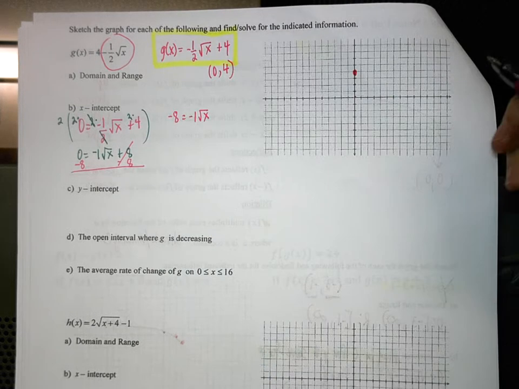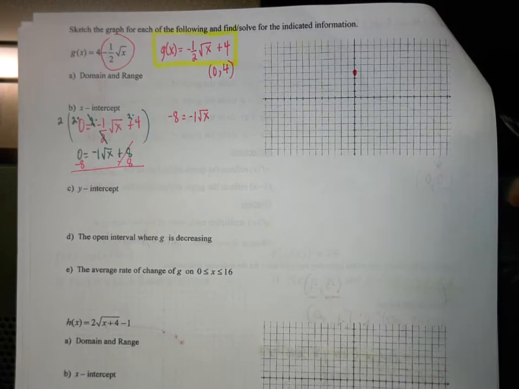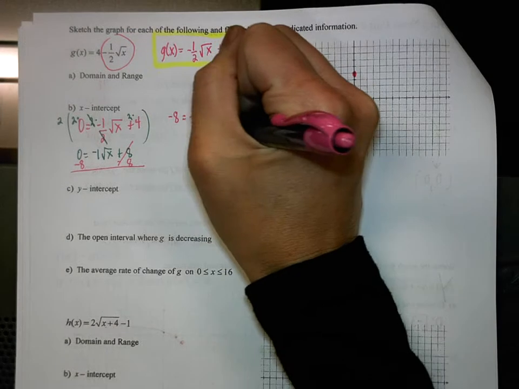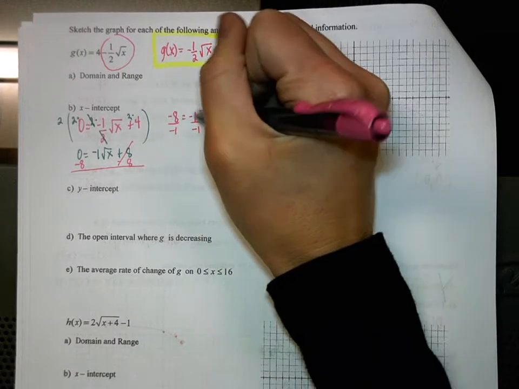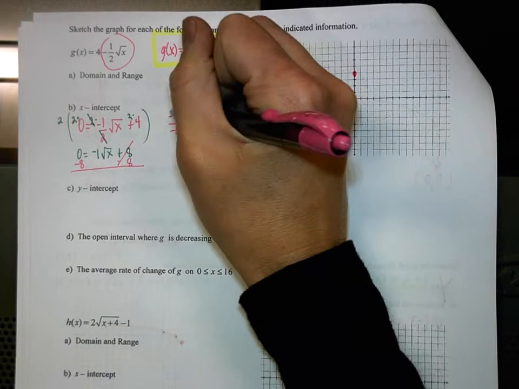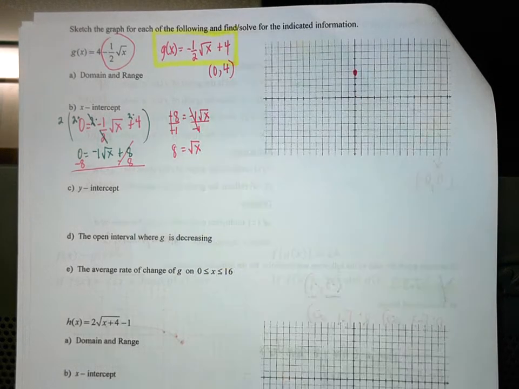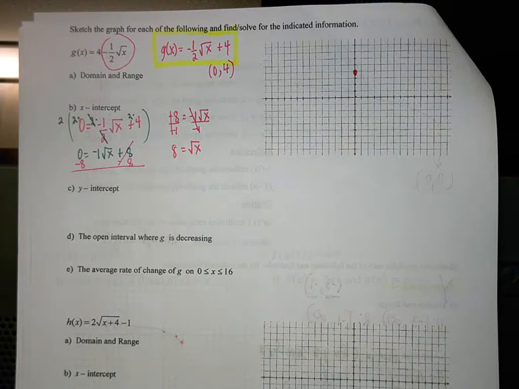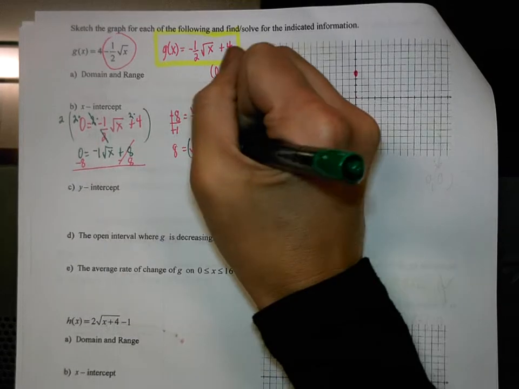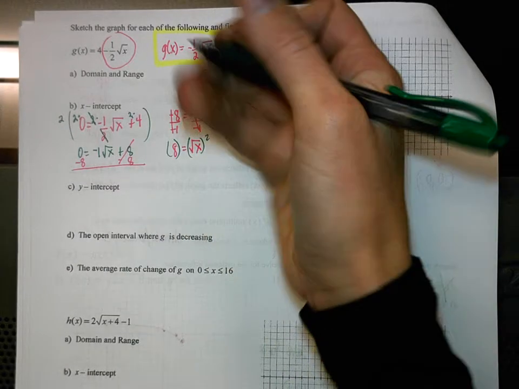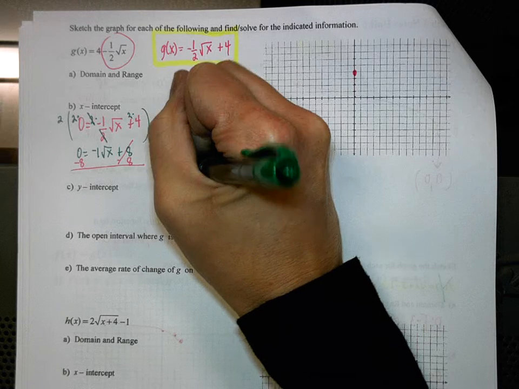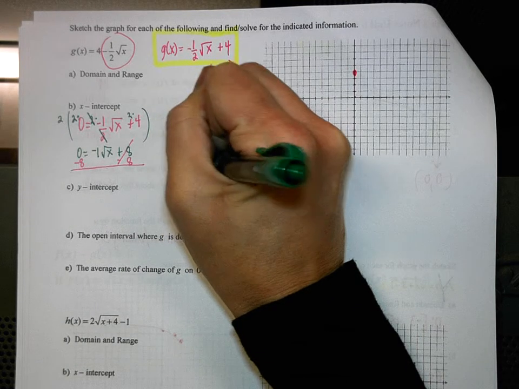And again, I'm trying to get the root by itself. And so I divide by negative 1 to both sides. That cancels out. 2 negatives make a positive. 8 equals root x. And then the last thing in order to get rid of the root is to square both sides. And so I end up getting 64 equals x.